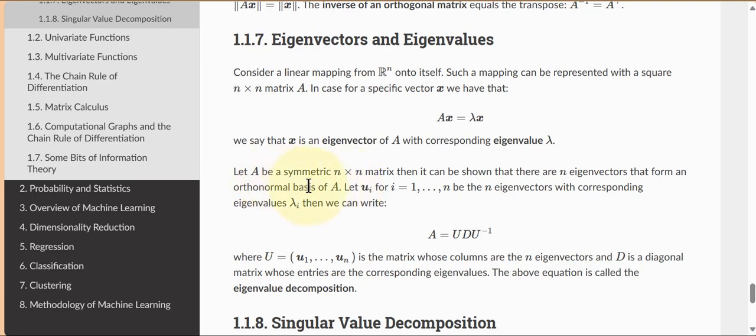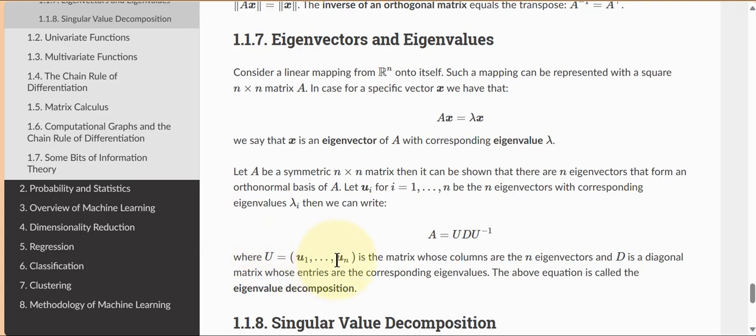We can line those n eigenvectors up like this, making sure they are unit length, but we can just scale them to do that.